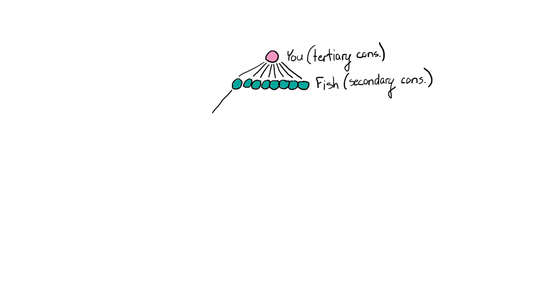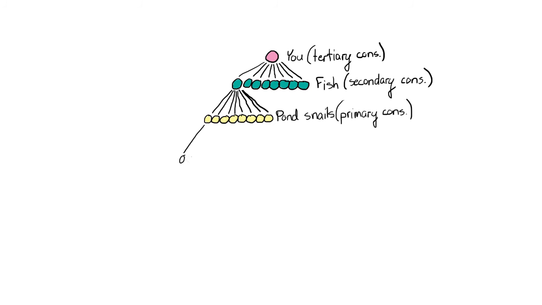Now each of those fish also need to get their energy from something. They need to get their nourishment from somewhere. So let's suppose each of those fish has to eat 8 pond snails to sustain itself for 1 week. Those pond snails represent our primary consumers. But it doesn't end there.